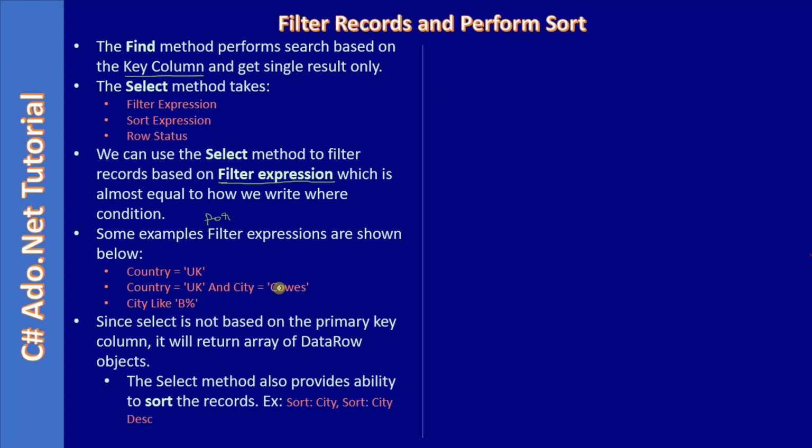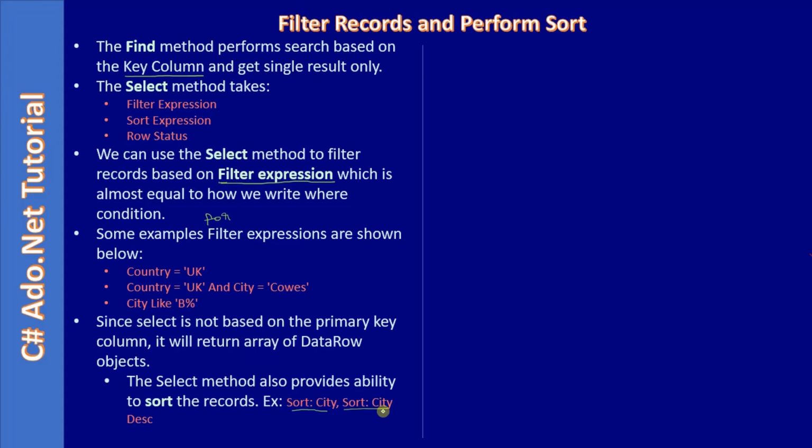The select method also provides the ability to sort the records. For the sort expression, you can simply state the sort column, city, or city descending. So you can specify it this way for ascending order, or for descending order you can specify the sort column name, then DESC.